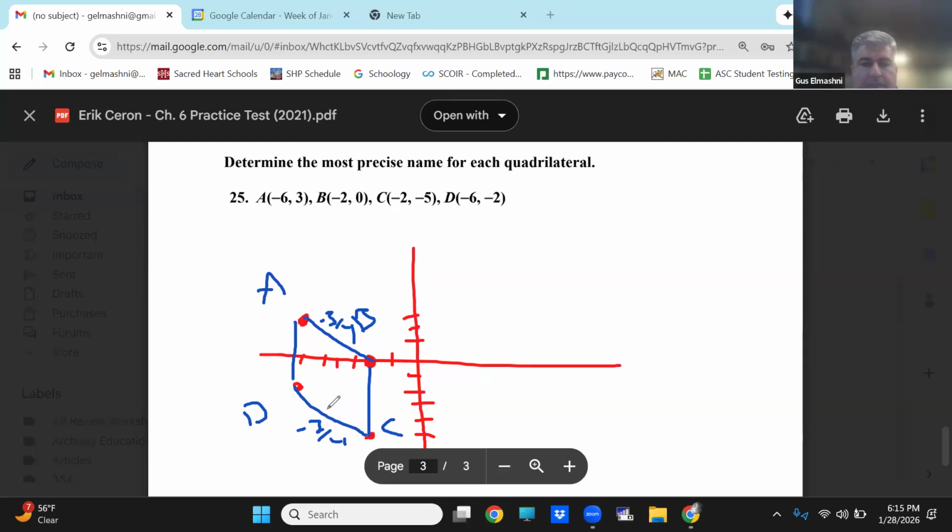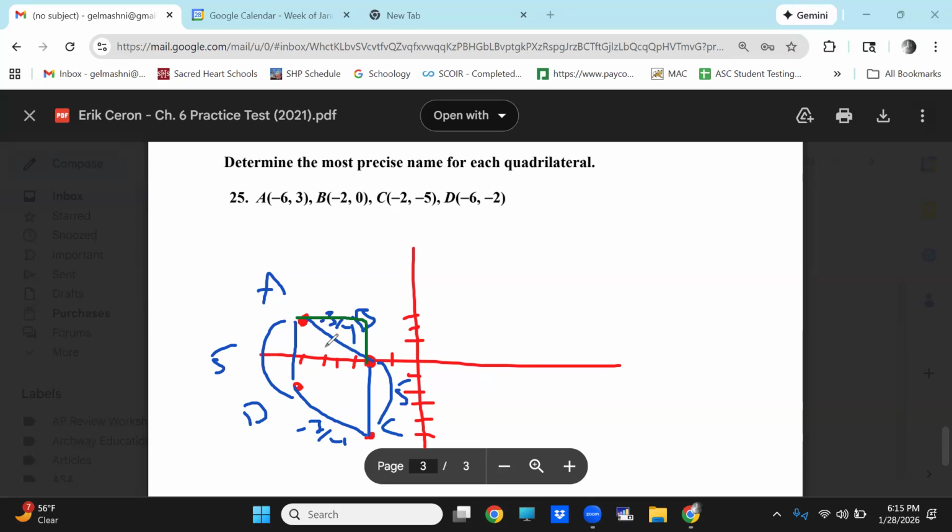Here are the distances. That's a distance of 5 and also 5. And if you do the Pythagorean theorem, 4, 3, that's going to be 5 as well. So then, rhombus.